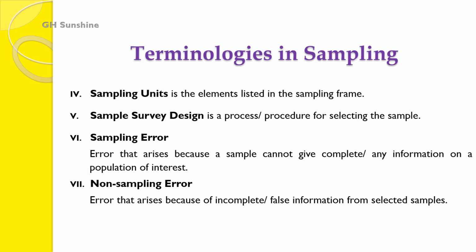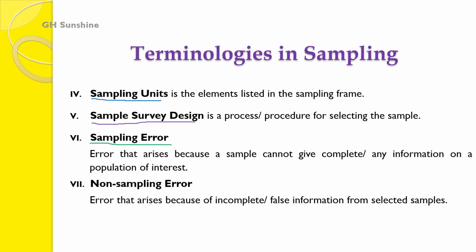Next term is sampling units, which means the elements listed in the sampling frame. Sample survey design is the process or procedure for selecting the sample. Next term is sampling error.